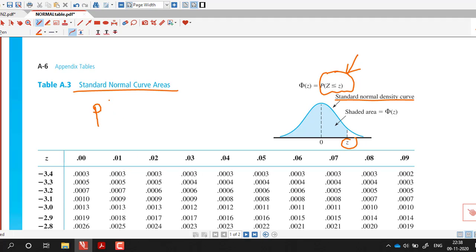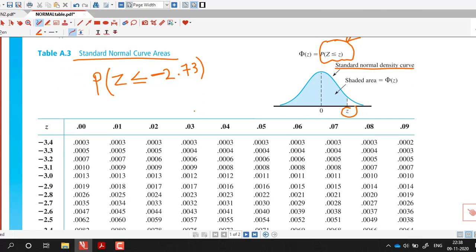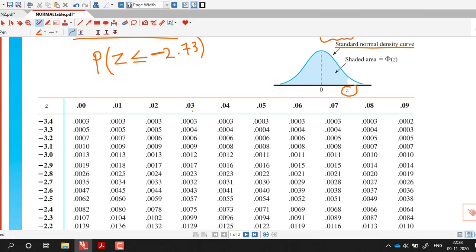Suppose I want to find out probability that Z is less than or equal to minus 2.73. Then I have to concentrate on minus 2.7 in the column under Z. I have to concentrate up to first decimal place.